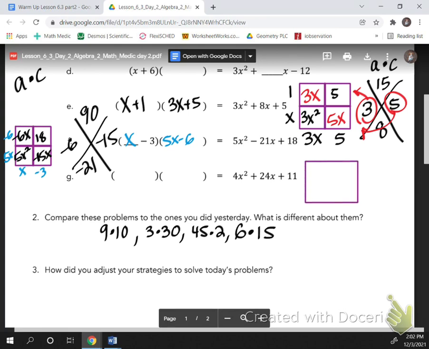We're going to start with the box. You're going to put 4x squared and 11 in. 11 times 4 is 44, and I want it to add to be 24. So then you have to think about your multiples of 44.